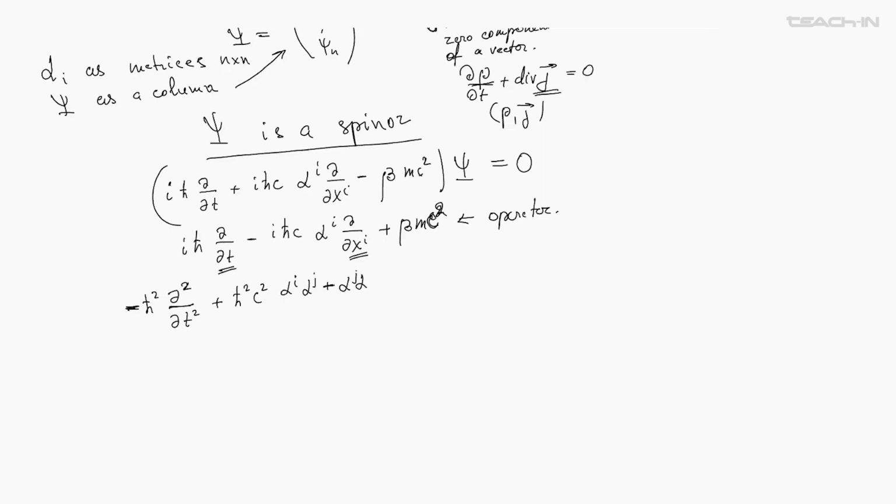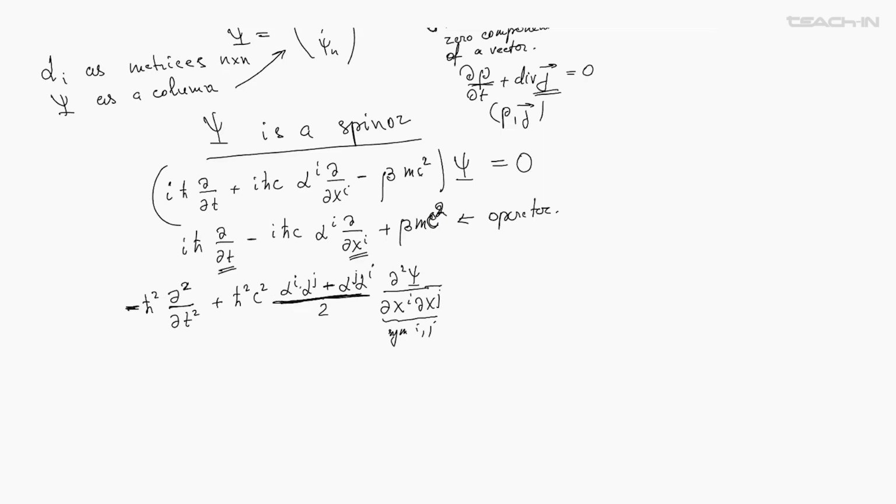You see, these 2 derivatives acting on psi commute. You can write d over dx_i, d over dx_j, or the other way around. And so this expression is symmetric in i, j, which allows you to symmetrize the product of the matrices by which this expression is multiplied. So the alphas are symmetrized.